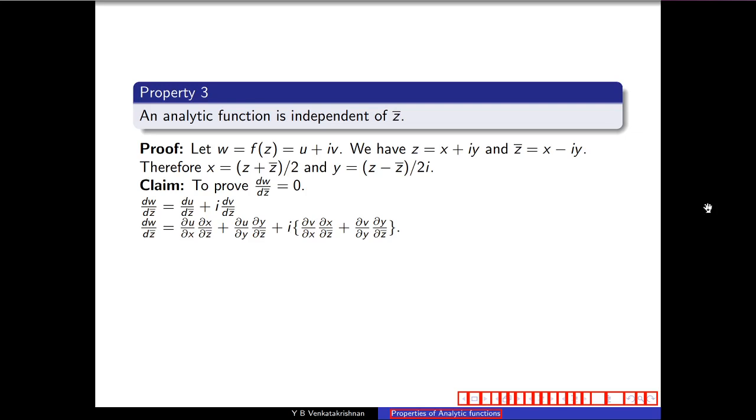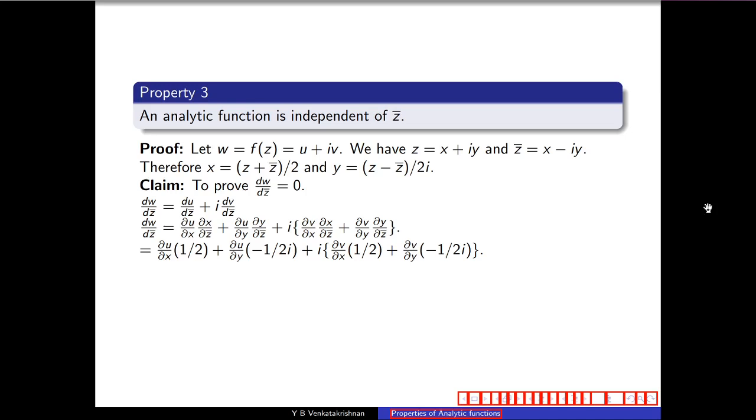And similarly, V is a function of X and Y. X and Y are in turn functions of Z and Z bar. So dV by dZ bar will be dou V by dou X into dou X by dou Z bar plus dou V by dou Y into dou Y by dou Z bar. Dou X by dou Z bar is 1 by 2.